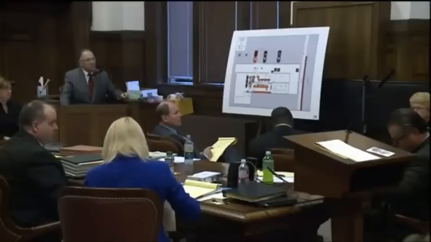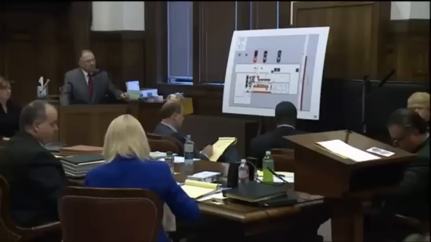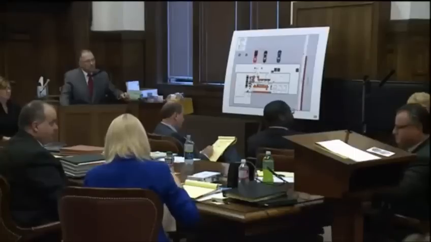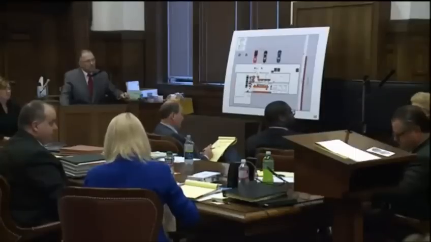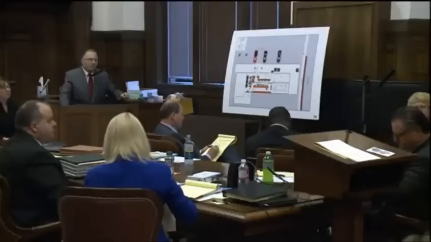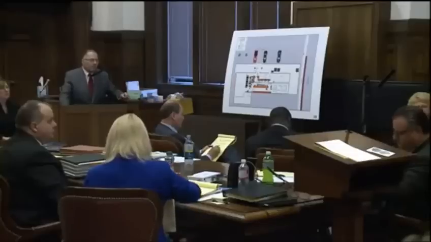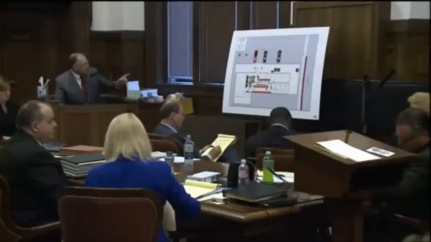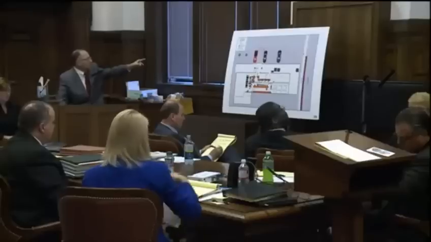Is it fair to say that State's Exhibit 40 is to be used in connection with the diagram sketch, State's Exhibit 5? Yes, absolutely. And there's the first column called placards. What are placards? Okay, in this diagram you see the yellow squares with numbers, and if you look at the key it says CSU placards.